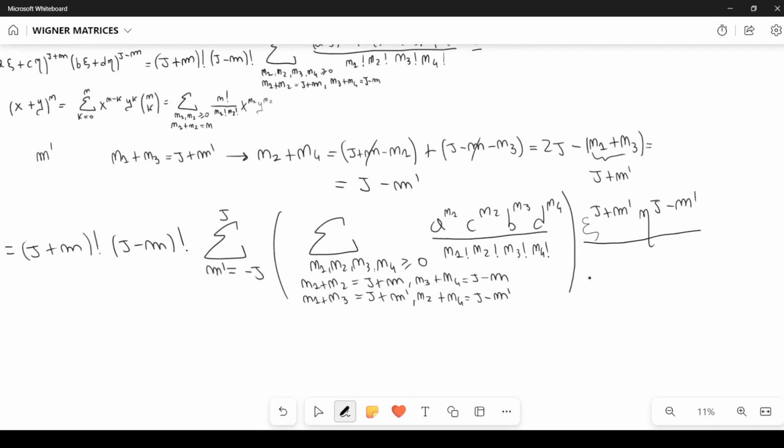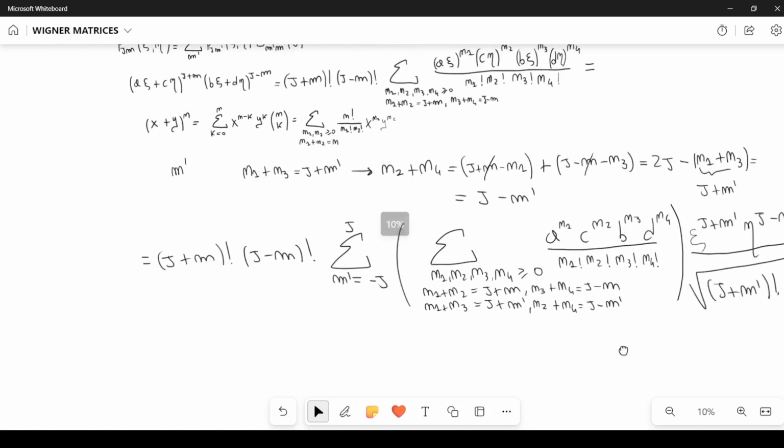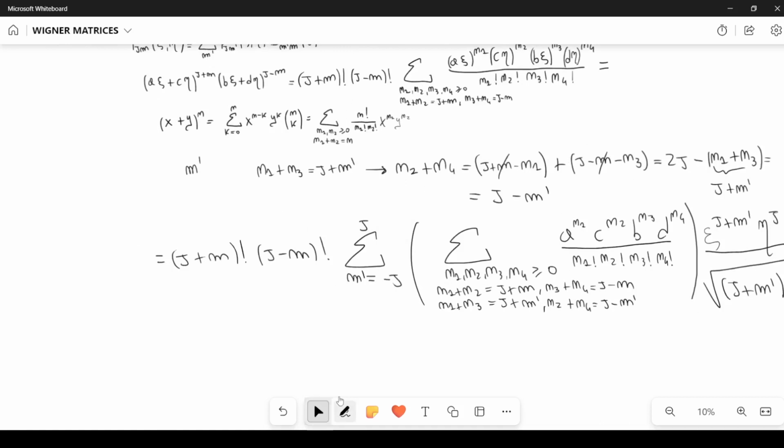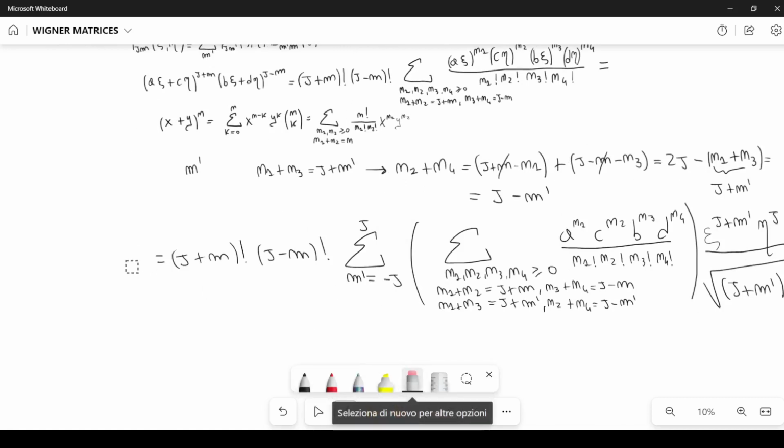So I divide this by the square root of j plus m prime factorial, j minus m prime factorial, and of course I have to multiply by the same thing. So let me cancel this equality. I will put it here.